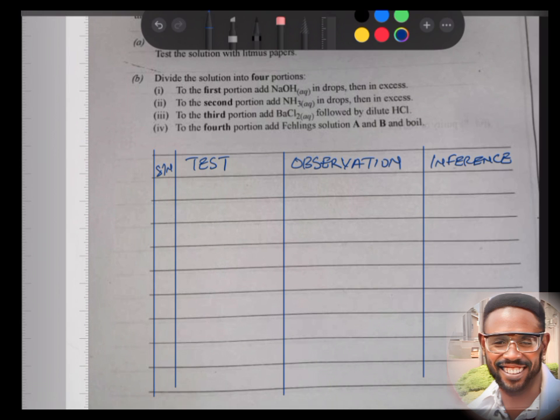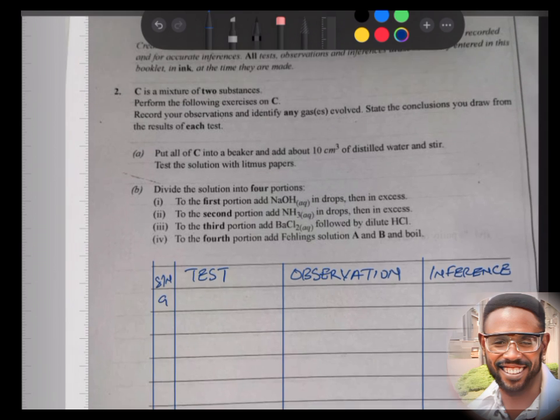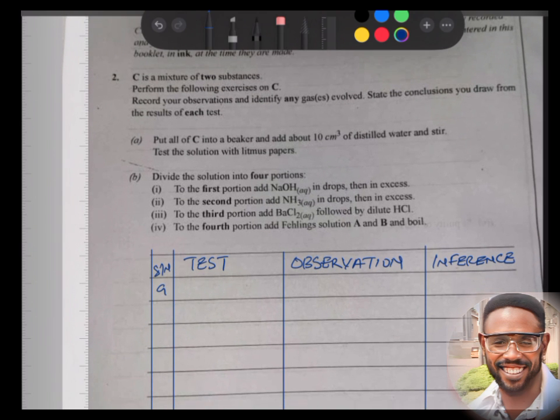The A part of it simply says C plus 10 cm cube distilled water, plus stir, plus litmus.